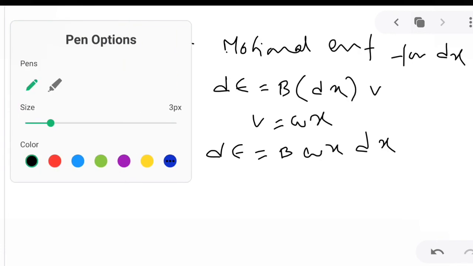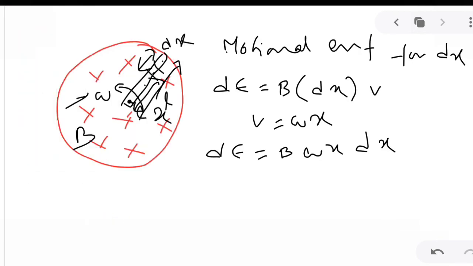So this is the EMF induced for that small element. So total EMF induced will be obtained by integrating this, from 0 to L. This element can exist from this end to this end at any location, so it is from 0 to L, where L is the length of the conductor.